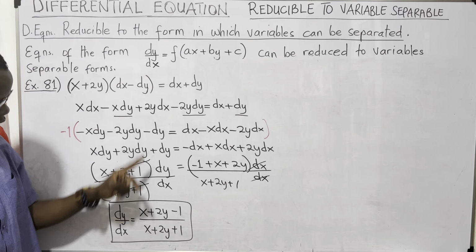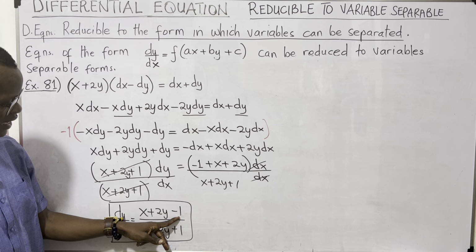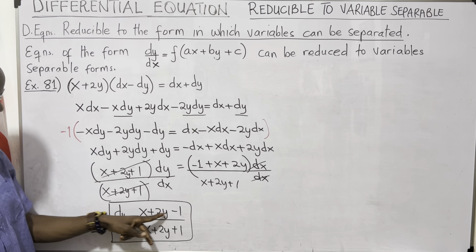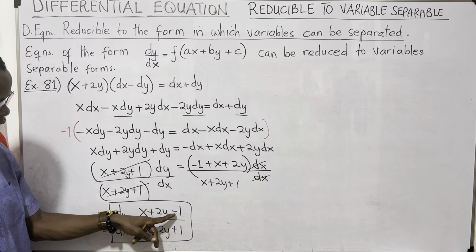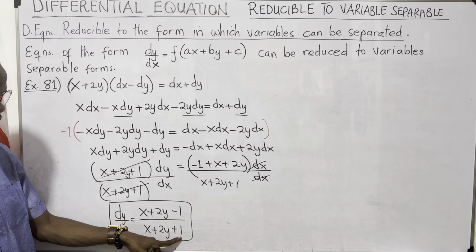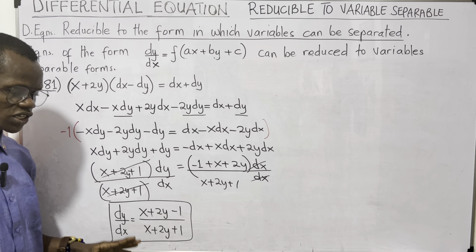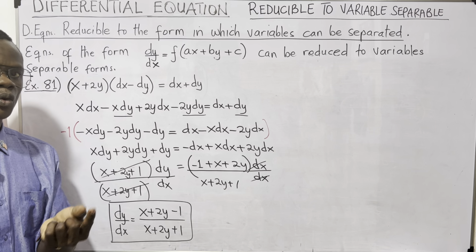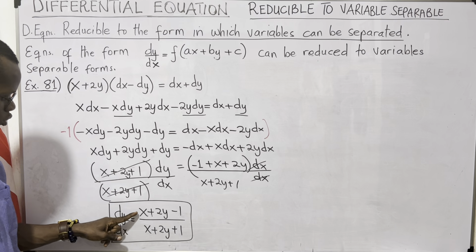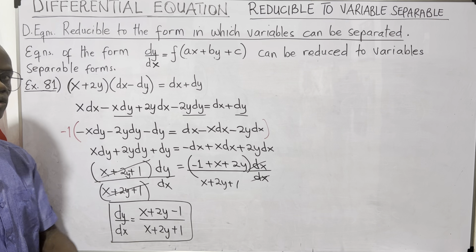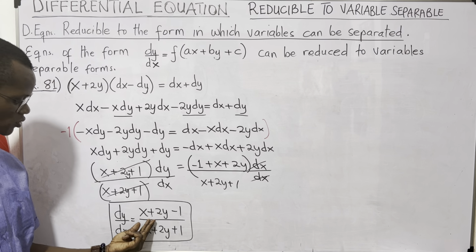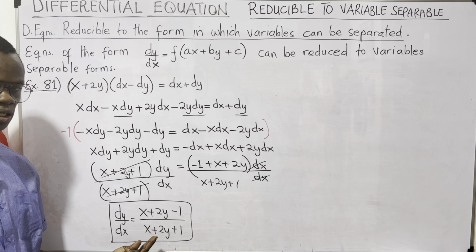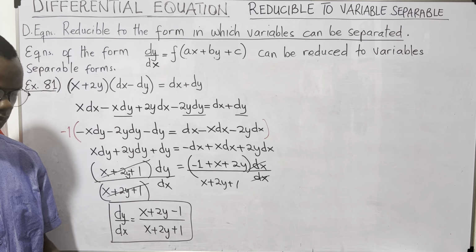We cannot substitute the entire thing because we have minus 1 here and plus 1 down here. Our major concern is to ensure that the two variables become one variable. These two variables, we want to reduce to a single variable. So our substitution will just be x plus 2y.